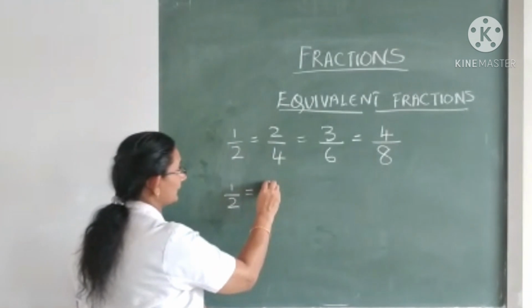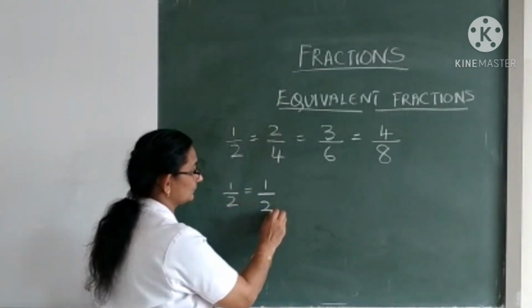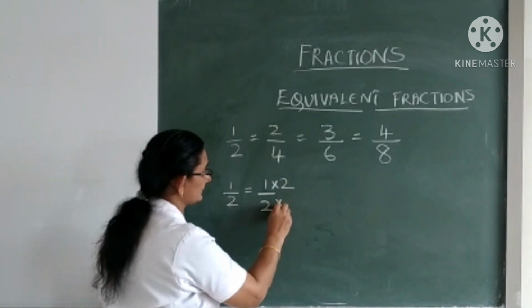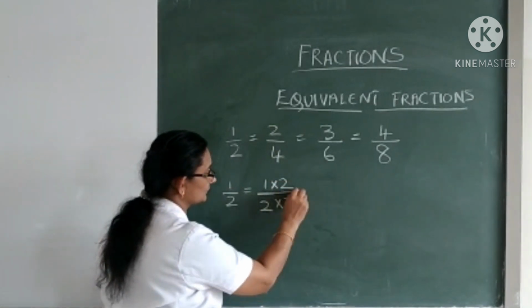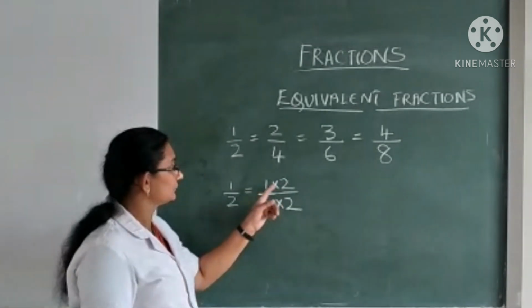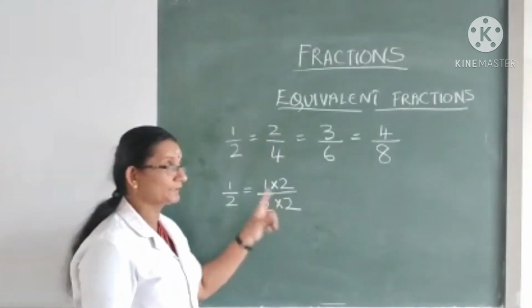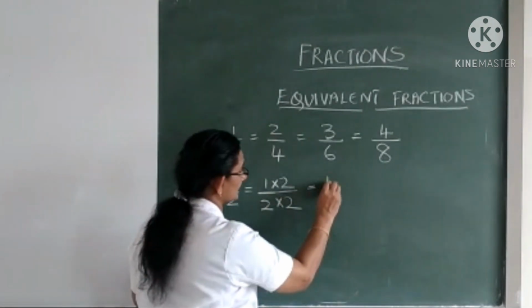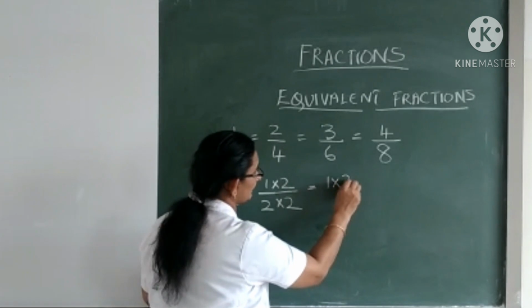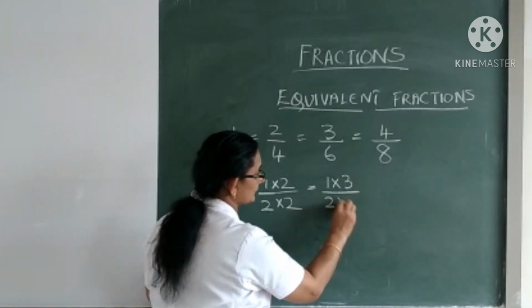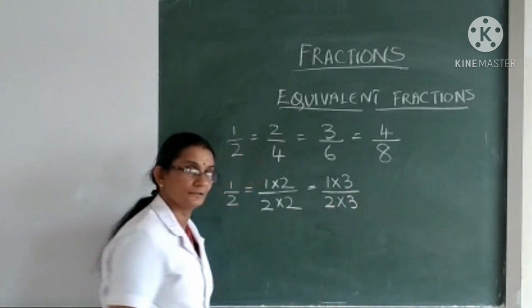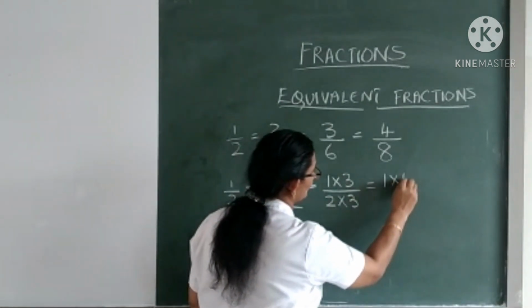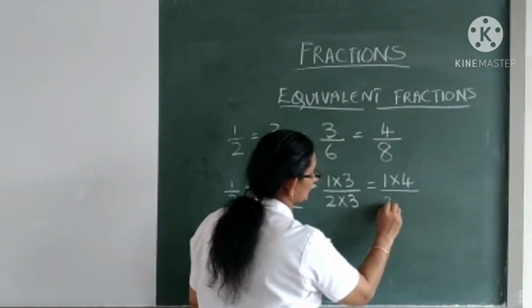Yes, you can write it as 1 into 2 and 2 into 2, isn't it? So, 1 into 2 is 2 and 2 into 2 is 4. Now, the next one, 1 into 3 and 6 is 2 into 3, isn't it? The next one, 1 into 4 and 2 into 4.